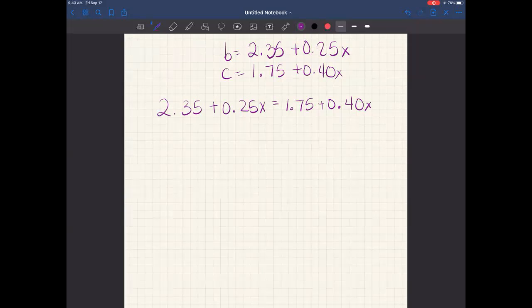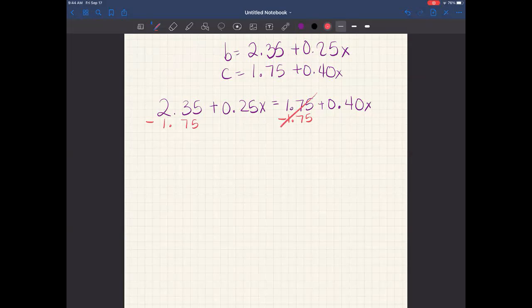So first ones I want to move are my non-variables. So that 2.35 and 1.75. Which is going to be the smarter one to move? 1.75. 1.75, right? Because if I subtract 1.75 from 2.35, I will still stay in the positives.